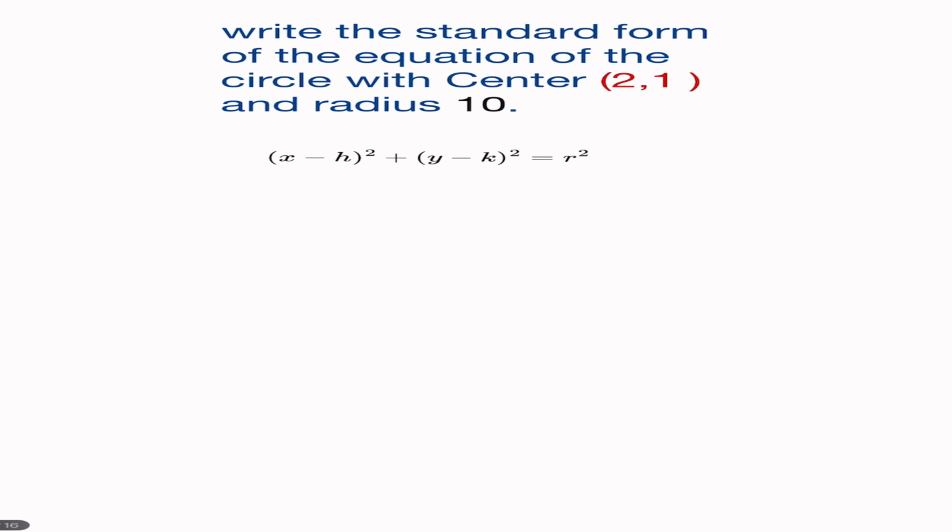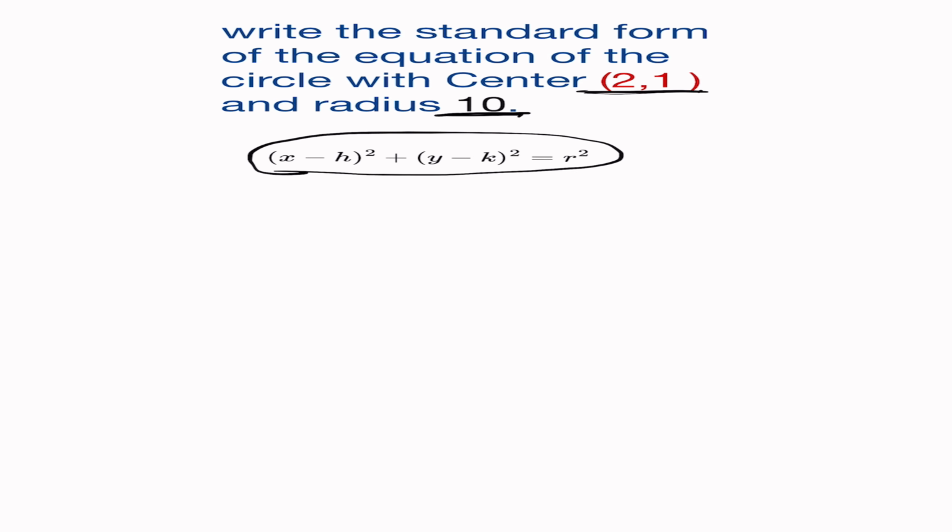Okay, now let's write the standard form of the equation of the circle with center (2, 1) and radius 10. So this is our standard form. I just explained it earlier. Here you see the center is our h and k, and 10 is the radius.